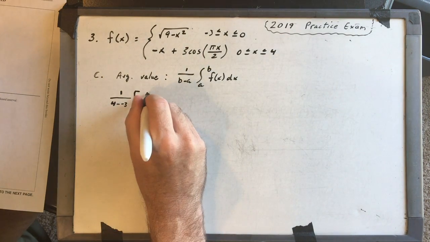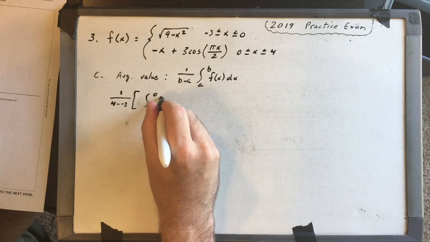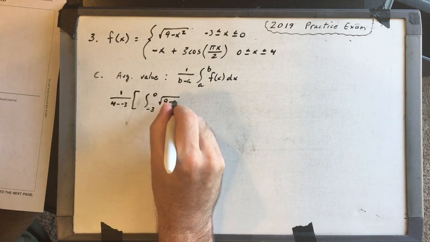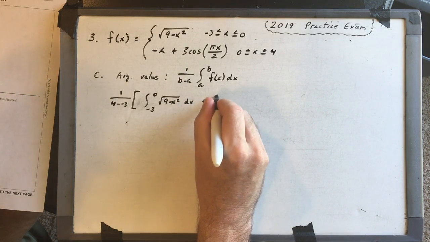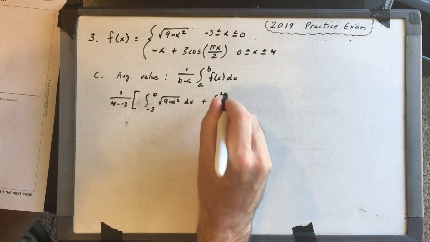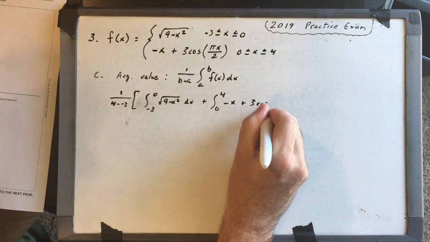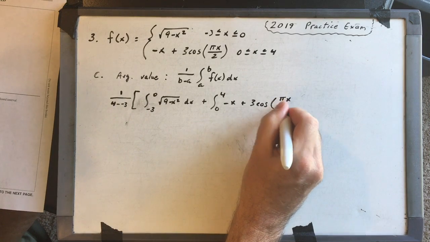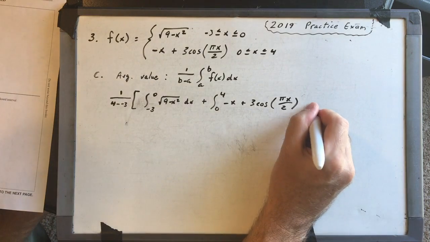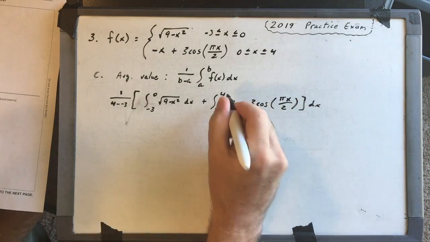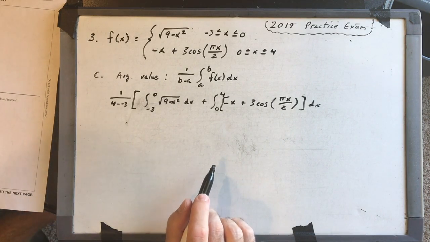So we've got from negative 3 to 0 of the square root of 9 minus x squared dx, plus the integral from 0 to 4 of negative x plus 3 cosine pi x over 2. So if you can just get this part, you're getting partial credit, all right? You set it up right.